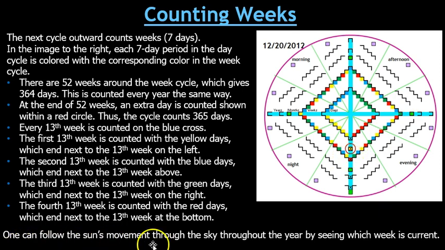Now one can follow the sun's movement through the sky throughout the year by seeing which week is current. So when the mark is down here in the week cycle, it's the winter solstice. It's long nights, short days. So right down here is the week with the longest night. And as you move up here, you'll see that the days are getting longer.